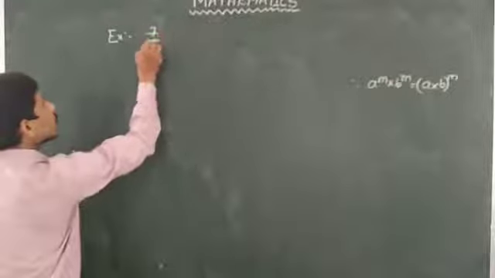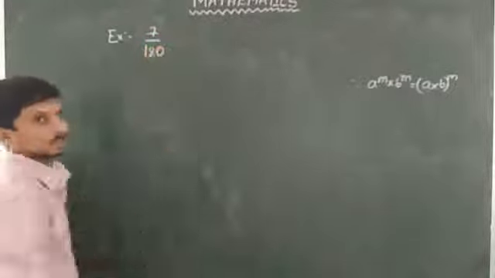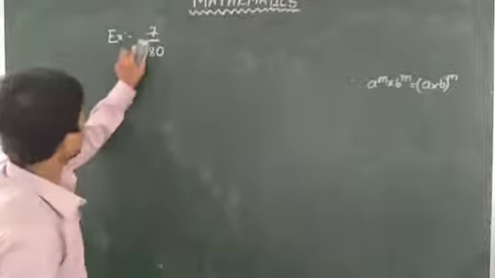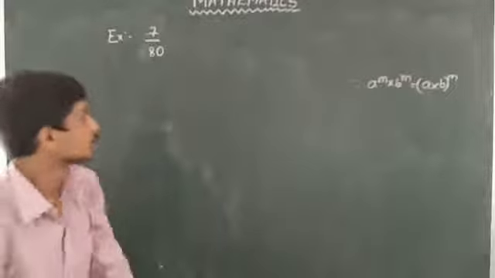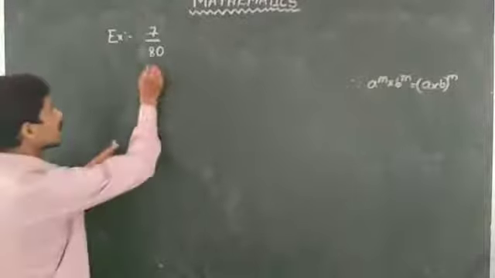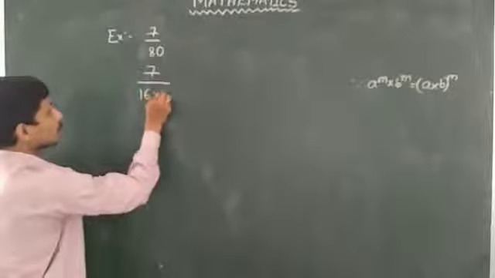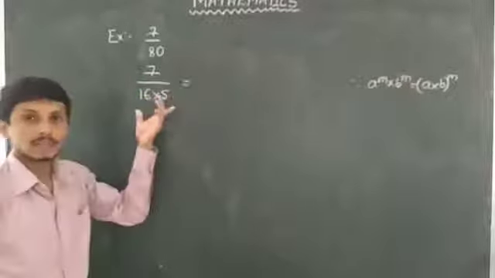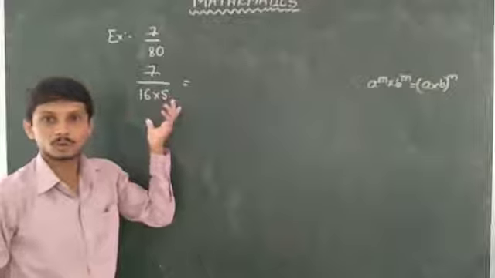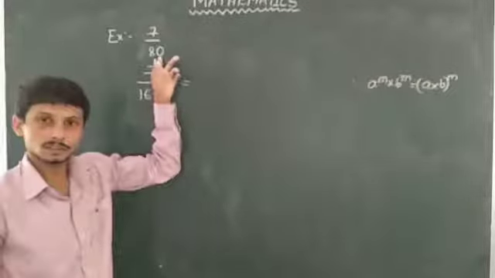7 divided by 80. Sorry, we can take 80. So 7 by 80. We can write 80 as 16 into 5. Check whether the value is disturbed here. No, 16 into 5 is equal to 80.